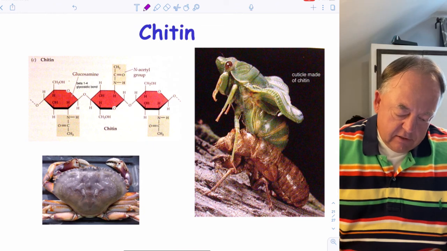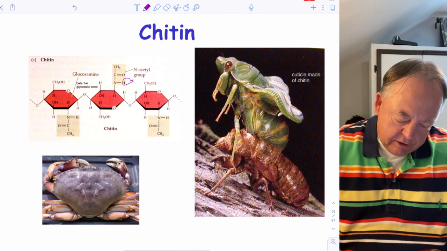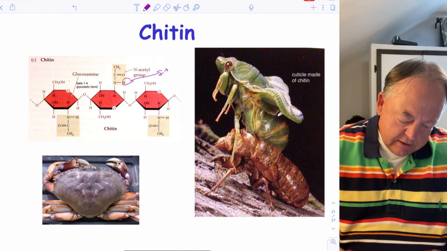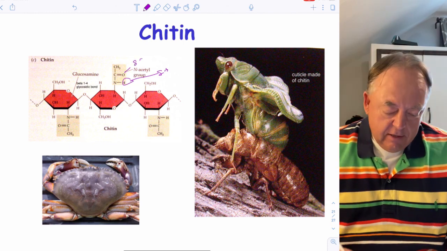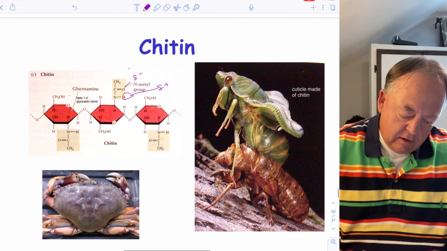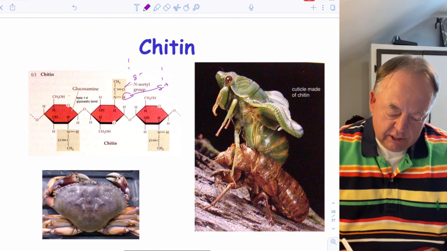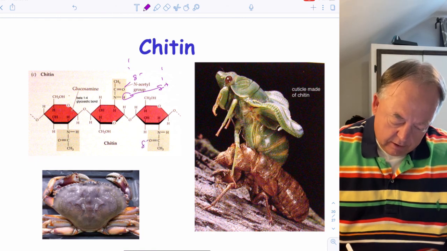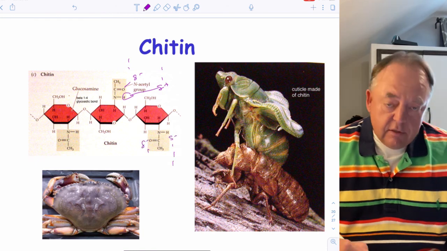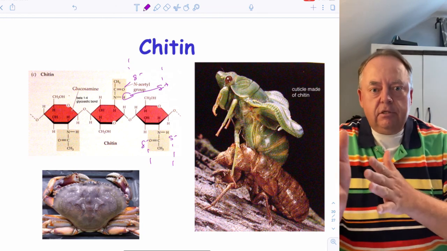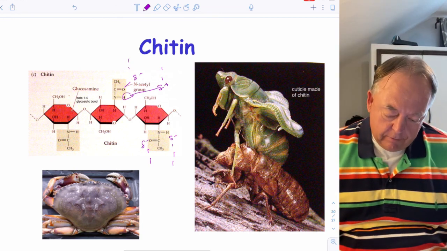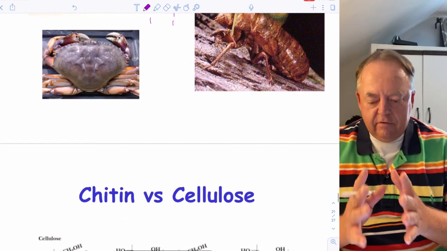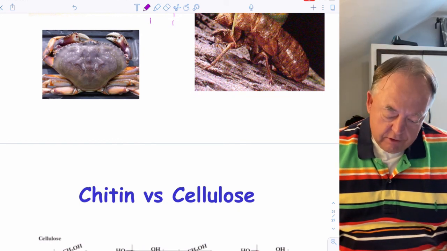So the significance of that is that, right, this H is very partial positive, that oxygen is very partial negative. So now these are available to form hydrogen bonds to other chains of this cellulose polymer, and so that'll give it an even stronger structural component.